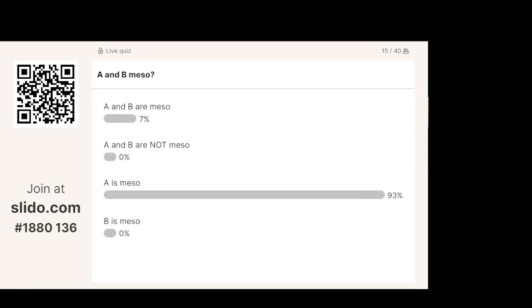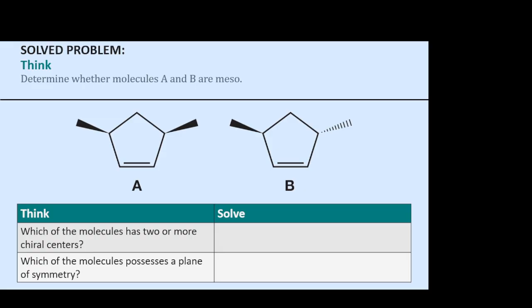All right, so, yeah, A is meso. That was exactly correct. Good job. Why is it meso again? Yeah. So both of them had chiral centers around these two carbons, right?